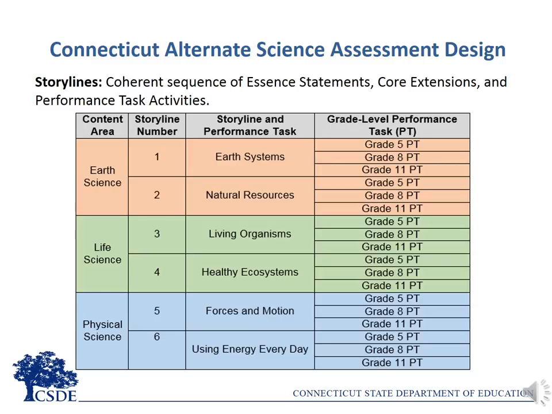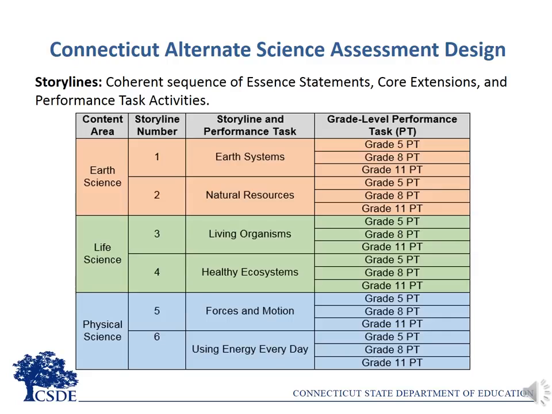Each storyline includes a performance task at each assessed grade level with a series of assessment activities. Each performance task provides a coherent sequence of activities for the trained teacher administering the alternate assessment.